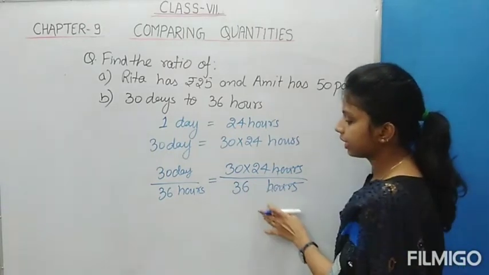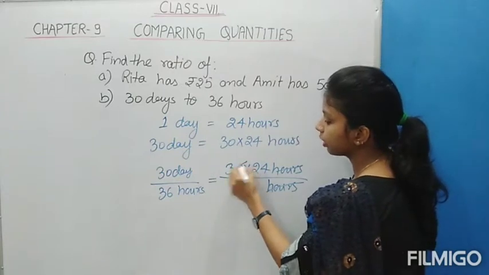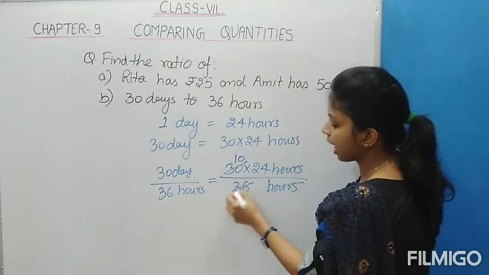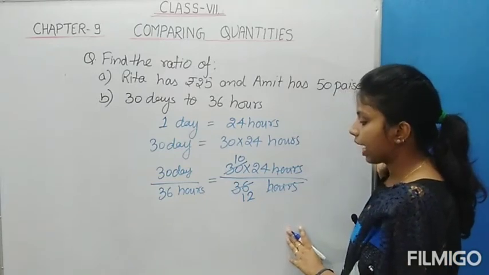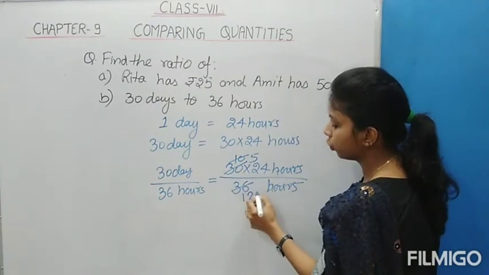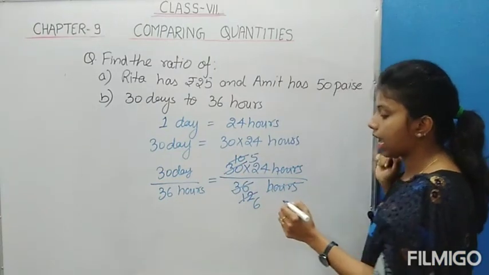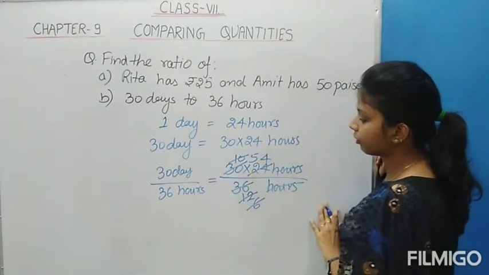Let's cancel: 3 tens are 30, and 3 twelves are 36. After that we can cancel them with 2: 2 fives are 10, 2 sixes are 12, and 6 fours are 24.